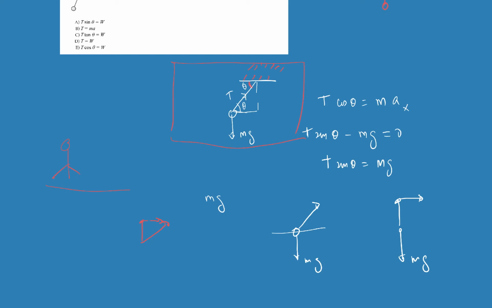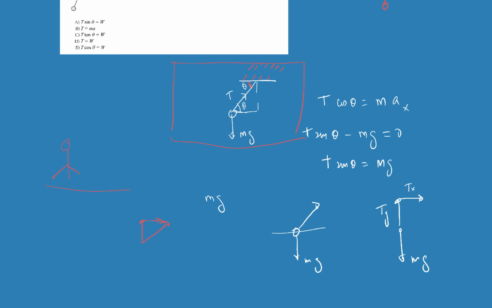But I'm changing the problem, instead of two forces, the tension and the weight, to three forces. So this is the component Ty, and this is the component Tx of the tension.